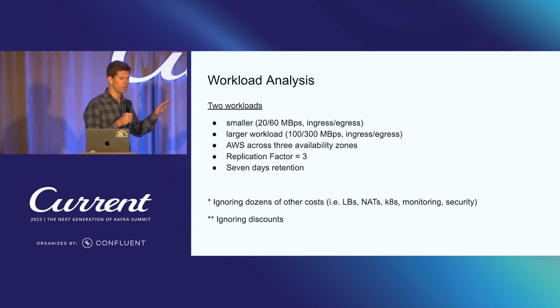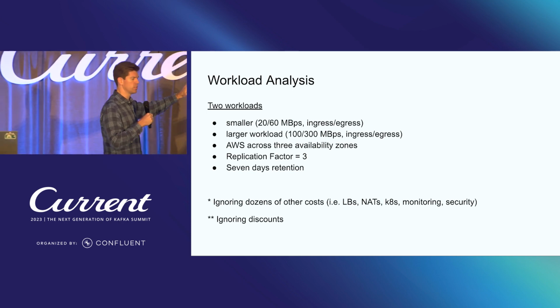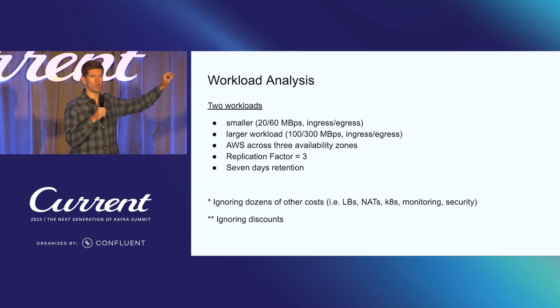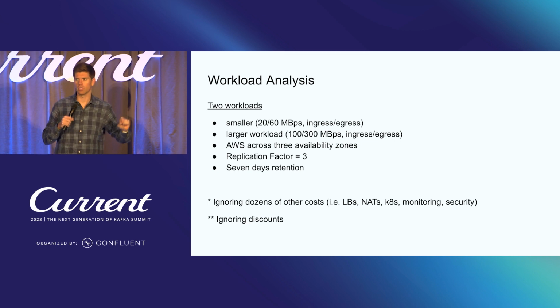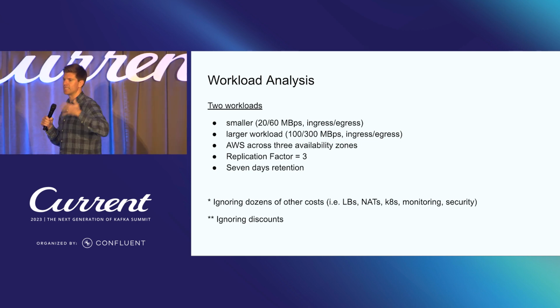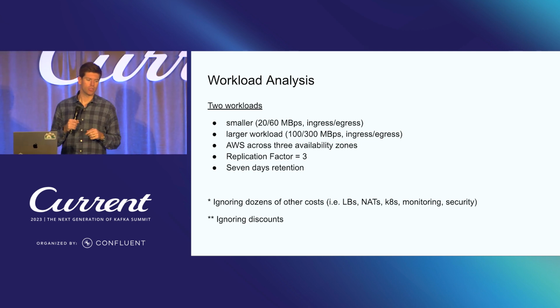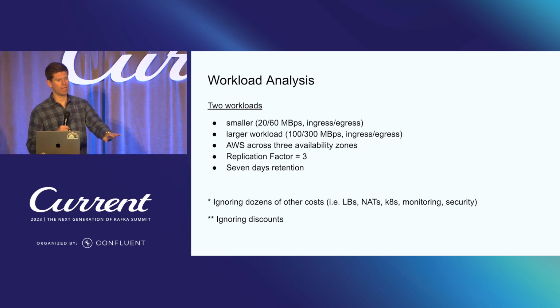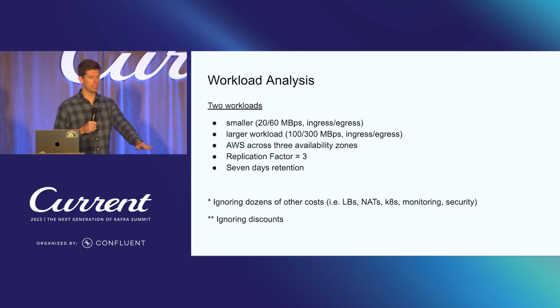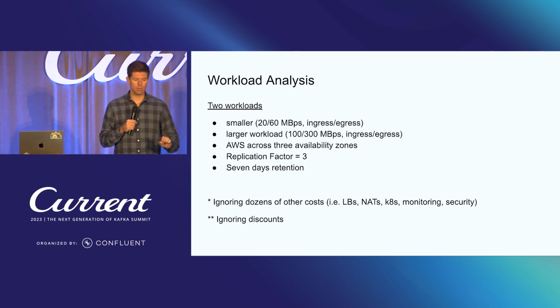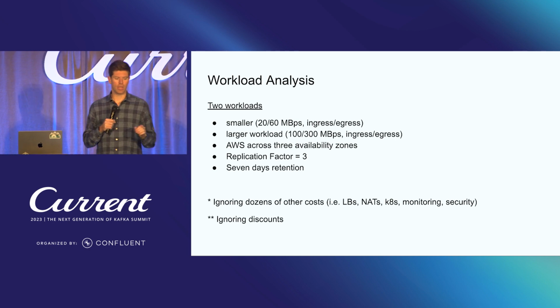The way that we're gonna understand Kafka costs is we're gonna look in particular at two workload types that will help us tease out where the costs of Kafka actually come from. We'll look at a smaller workload that is 20 megabytes per second with a 3x fan out.